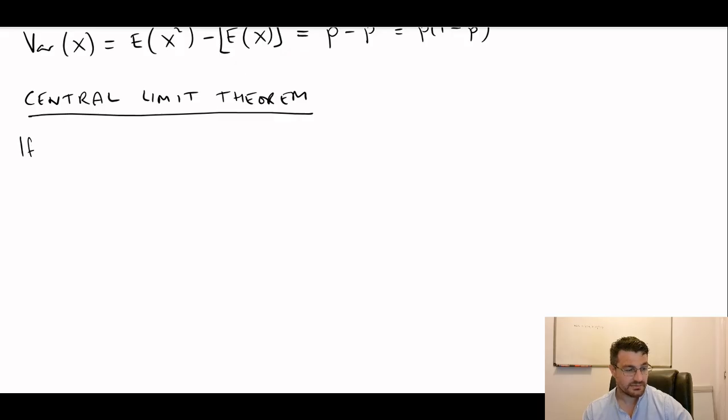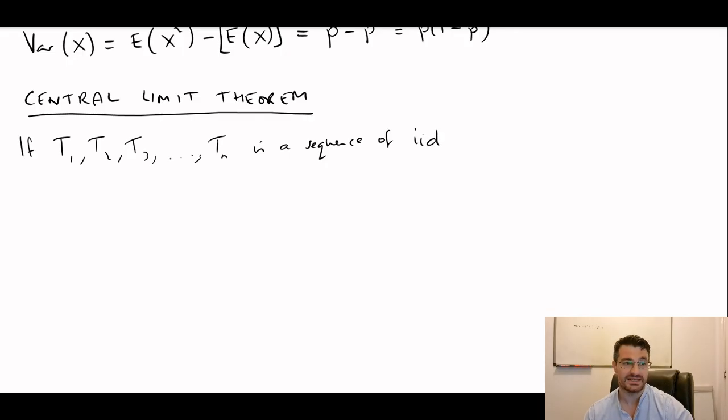Which letter shall I use? I'll use T. If T1, T2, T3, up to Tn is a sequence of IID, independent and identically distributed random variables, and I'm not making any restriction about whether they're discrete, continuous, or mixed random variables.